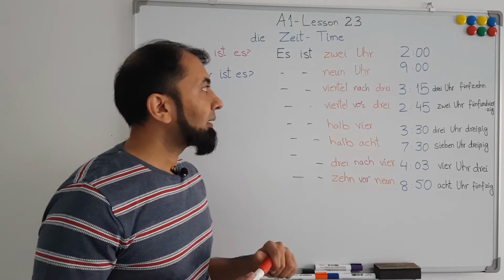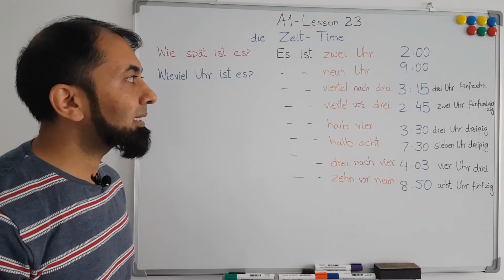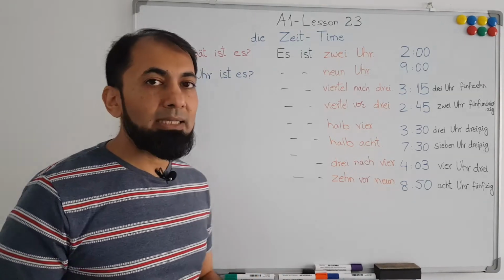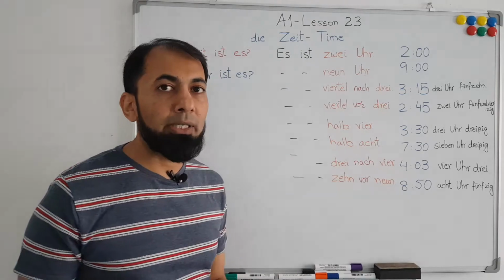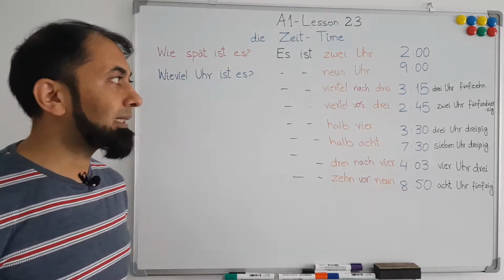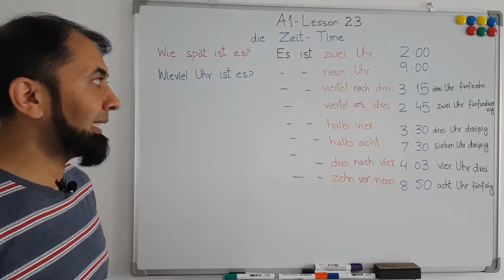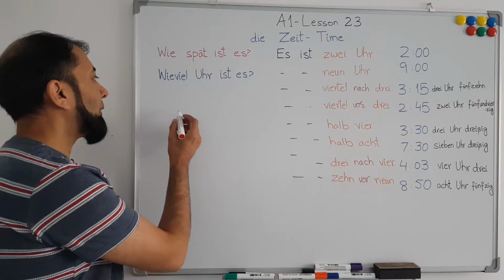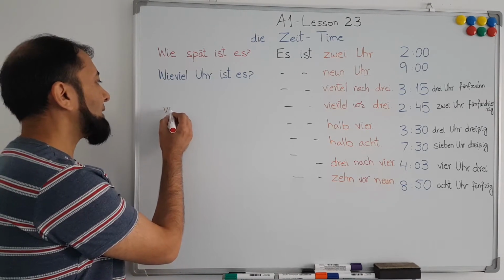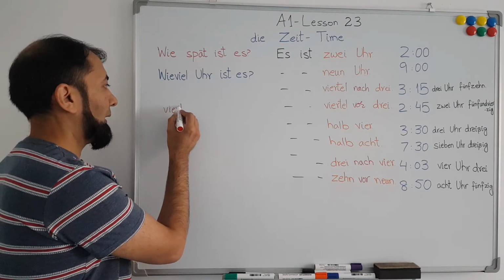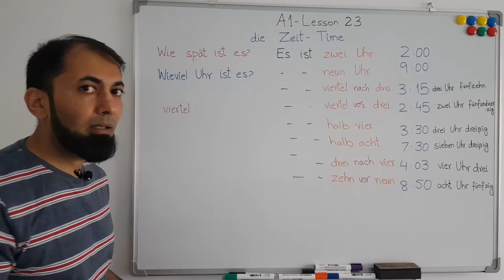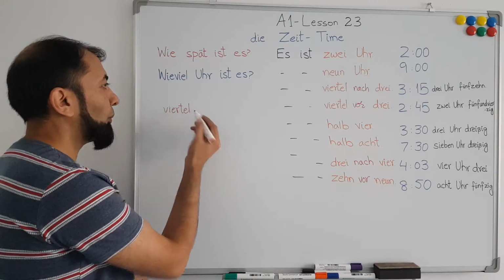Now, if the time is 15 past 3, or quarter past 3, then how can we say it in German language? The word for quarter in German language is Viertel, or one fourth.